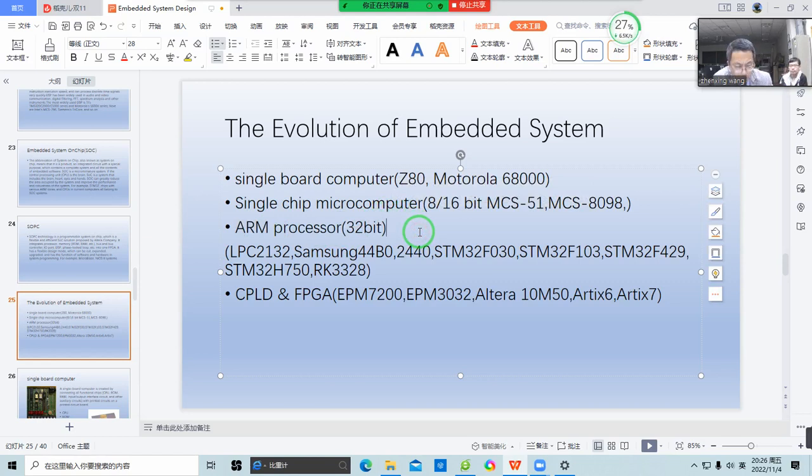It had a lot of stages. The first very simple ARM processor was the LPC, produced by Philips, later changed to the NXP company.